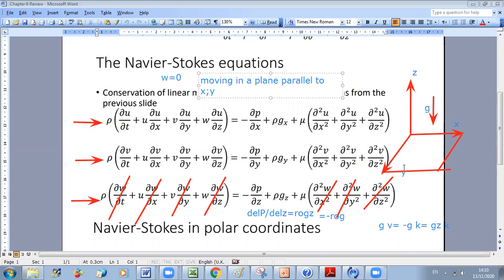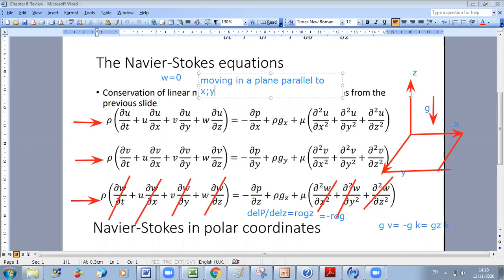So now I still need to find how my pressure varies as a function of x and y. But if I move along z, then I will experience a pressure variation del p by del z equal to minus rho g, which is the hydrostatic pressure that we know.